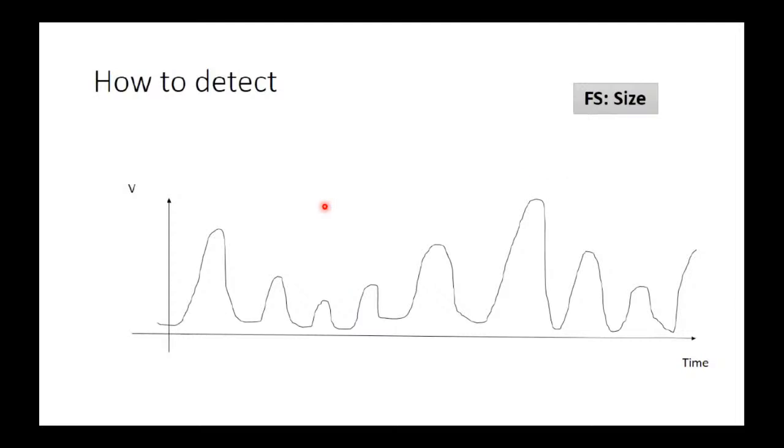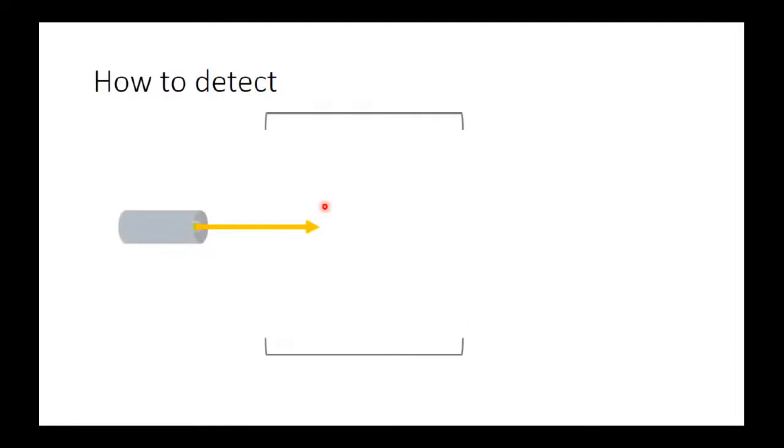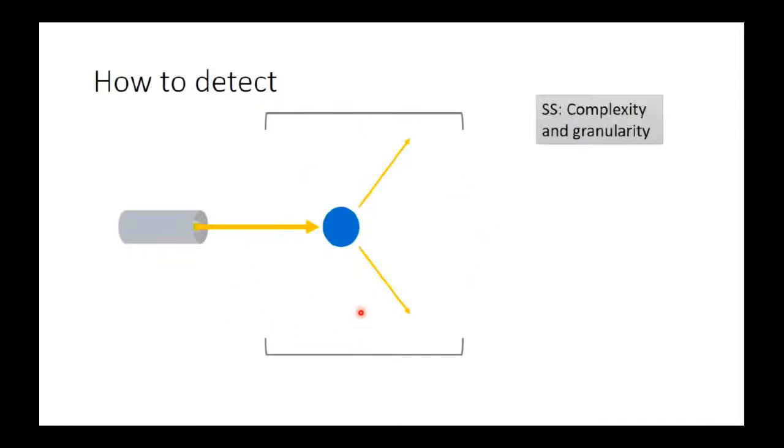The second event happening in the flow cytometer is the side scattered light. When a cell passes through the laser beam, the cell will scatter the light in the side direction. And this side scattered light is directly proportional to the complexity and granularity of the cell. Why?